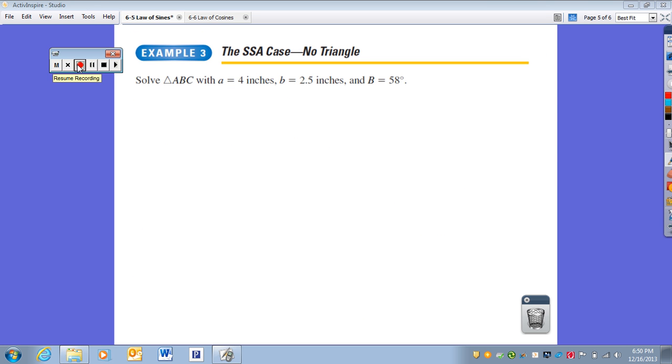In the next example, again with side-side-angle, we have our angle B is an acute angle. And if we go back to our other slide, when we have B being an acute angle, what we need to determine is if this will actually be a case that works.